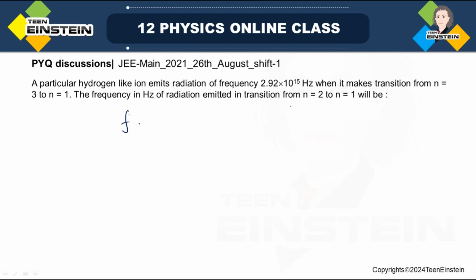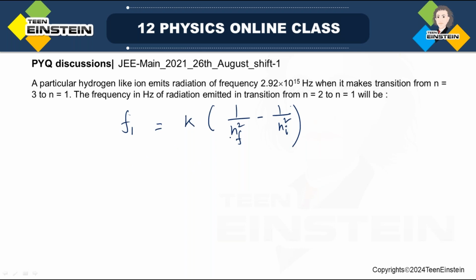Let us write f1 is equal to some constant K times 1 over n final square minus 1 over n initial square. This is the frequency.